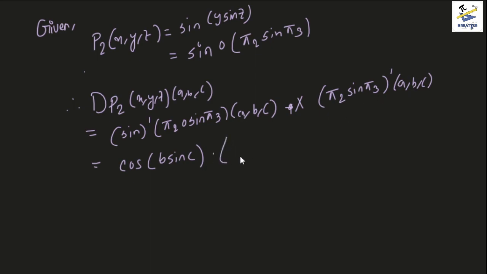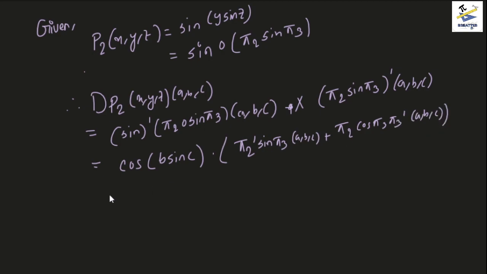becomes, now pi 2 sine pi 3 can be evaluated by the rule of product, which is pi 2 derivative times sine of pi 3 at the point ABC plus pi 2 into cosine of pi 3 into pi 3 derivative at the point ABC.